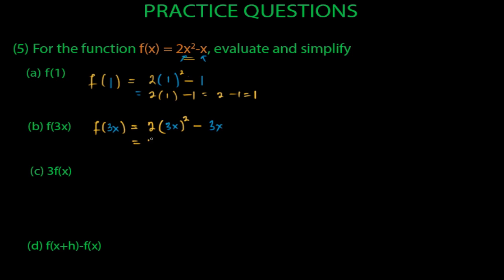So 3x squared is 9x squared, minus 3x. And then this is going to give you 18x squared, that's 2 times 9, then minus 3x. So this is the answer for this.